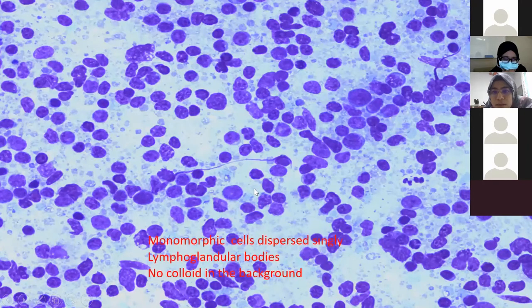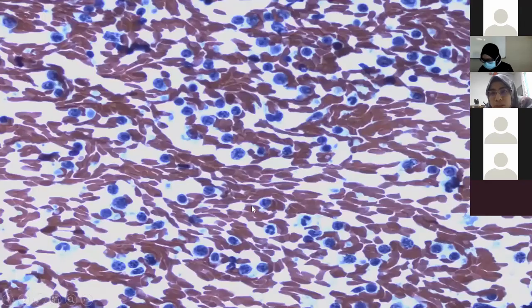This is another view, and here the cells are a bit monomorphic, and we can appreciate the background of lymphoglandular bodies, and hardly any colloid in the background. This is the Pap stain.